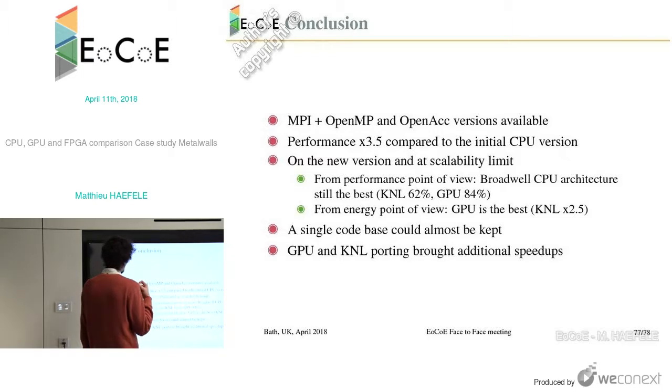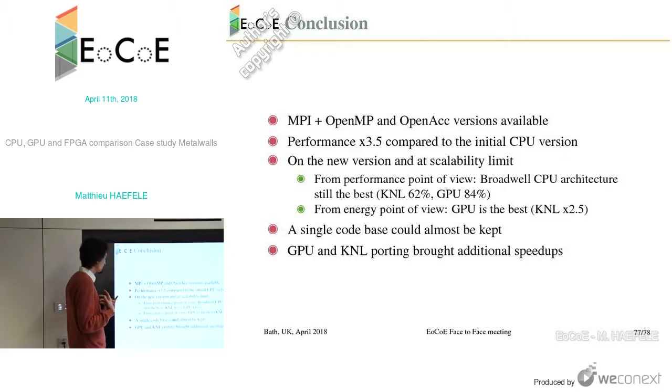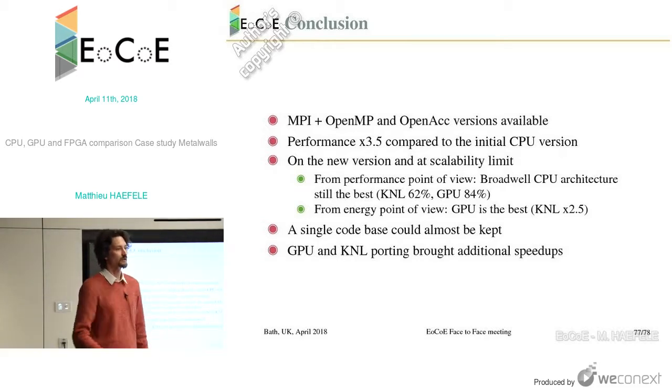What is important, at least for the physicists, is that we manage to keep only a single code base. We don't have very complicated software to maintain, so I think it's in reasonable shape. And doing the porting work to GPU and KNL brought us some insight, and it's also faster on CPU.